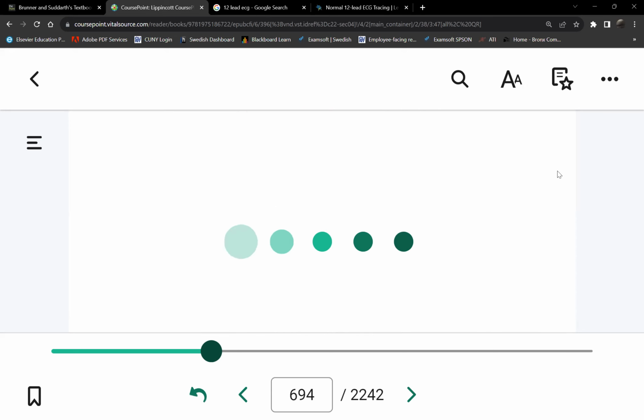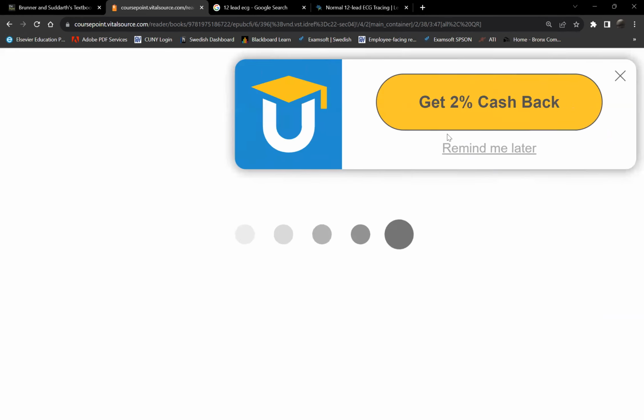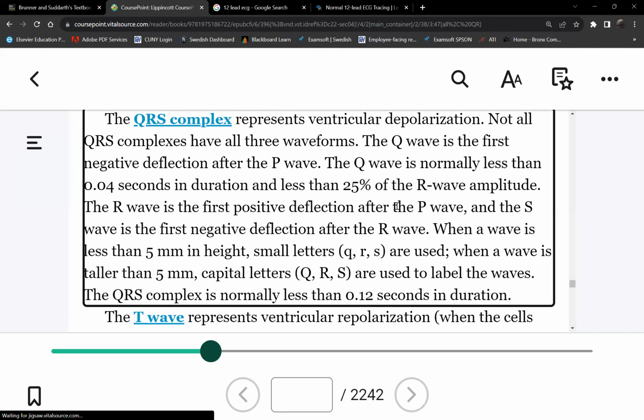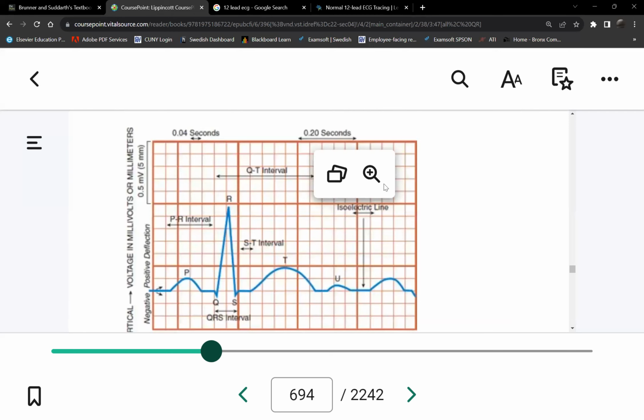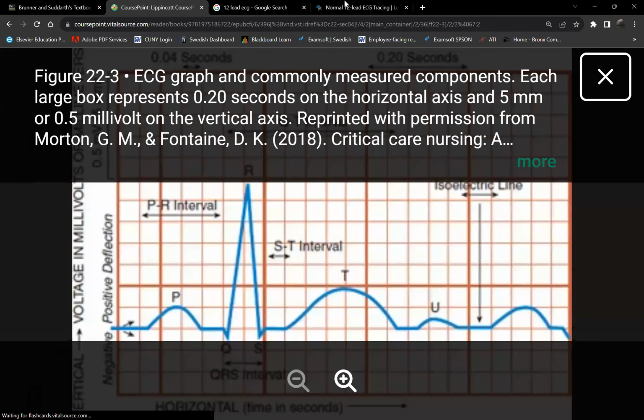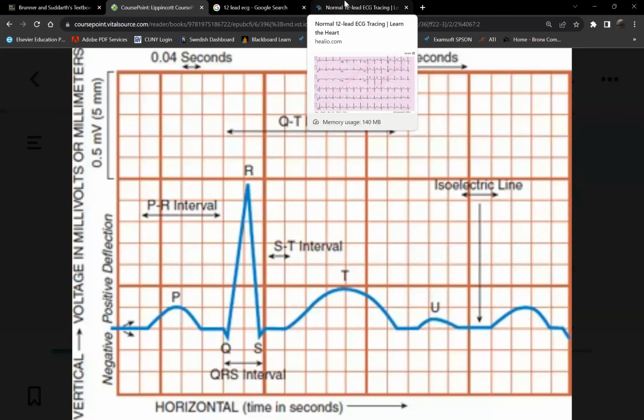Okay, so let's measure this. All right, it's less than how many seconds?